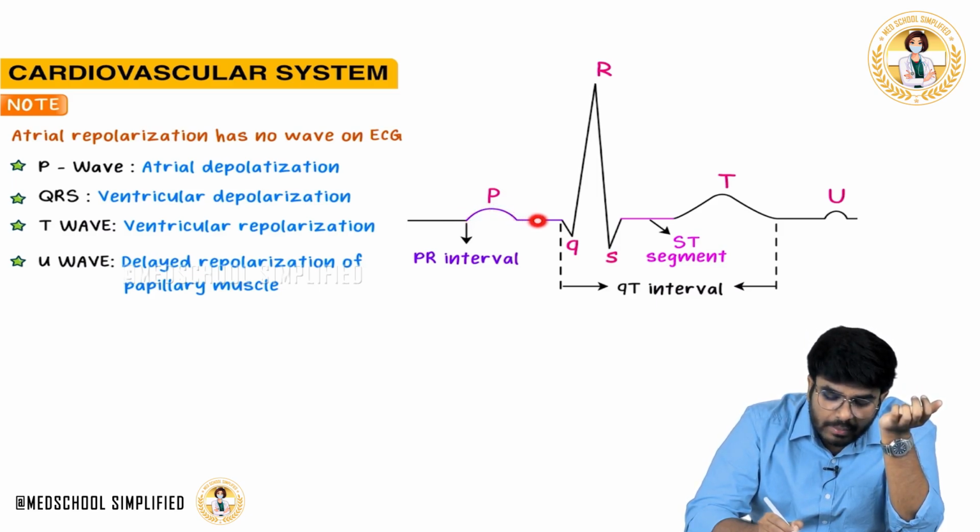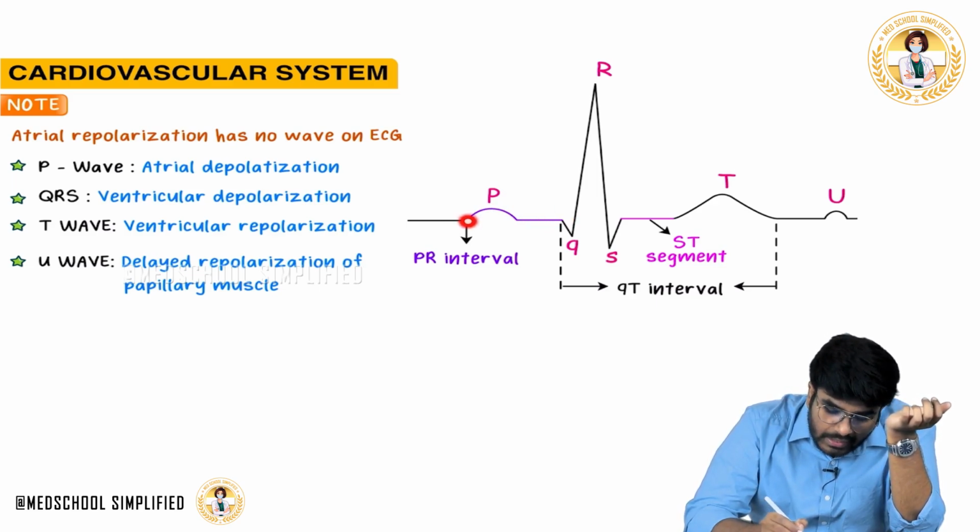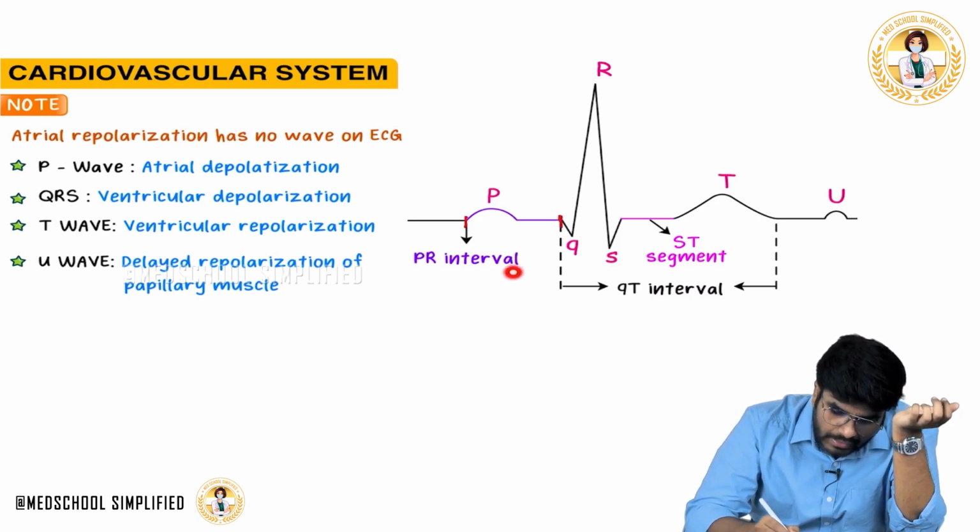Now the impulse is coming to the AV node. See, from the starting of the P to the starting of the Q wave, what exactly is happening? The impulse is starting from the SA node and going to the AV node. So this interval, from the starting of the P to the starting of the Q, is called the PR interval.